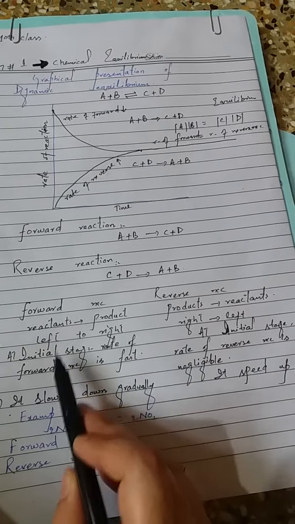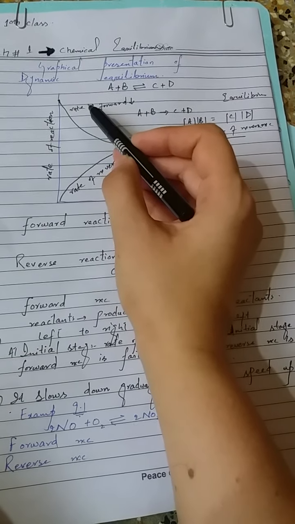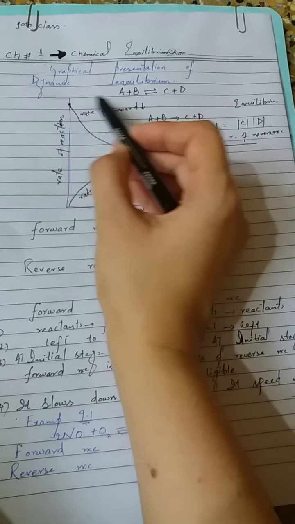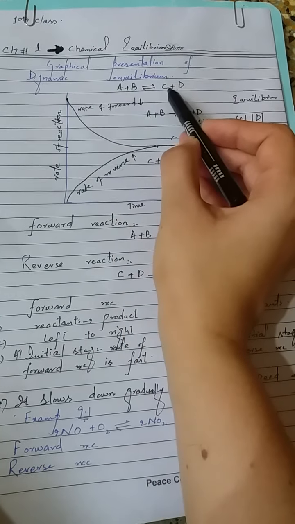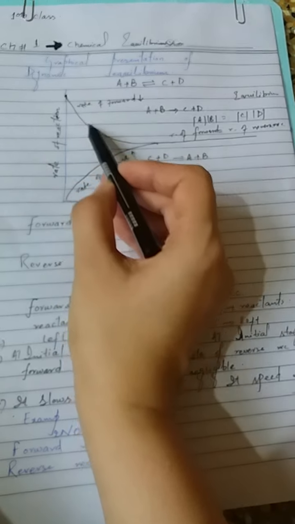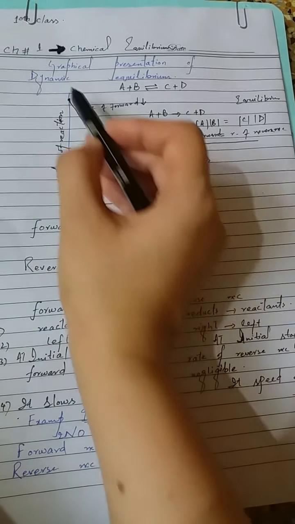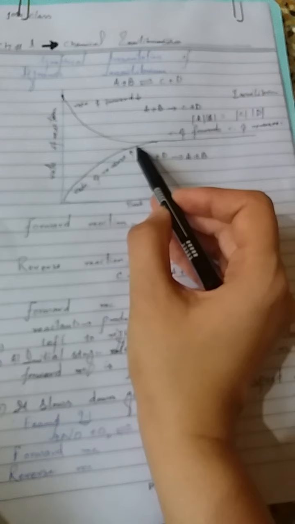At the initial stage, the rate of forward reaction is very fast, but as reactants combine together to form products, the rate of forward reaction decreases and the rate of reverse reaction increases. With the passage of time, the rate of forward reaction slows down and the rate of reverse reaction speeds up.